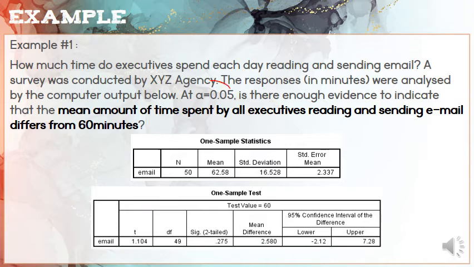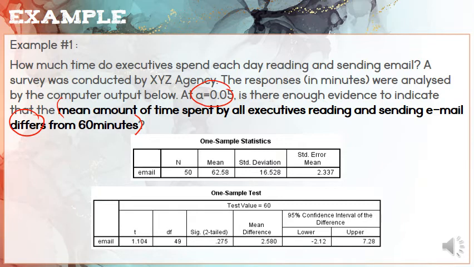At alpha 0.05, is there enough evidence to indicate the amount of time spent by all executives reading and sending email differ from 60 minutes? So dia buat satu claim. Dia tanya, cukup tak evidence to show that executives spend reading and sending email differ from 60?